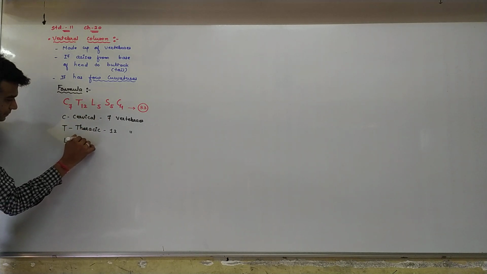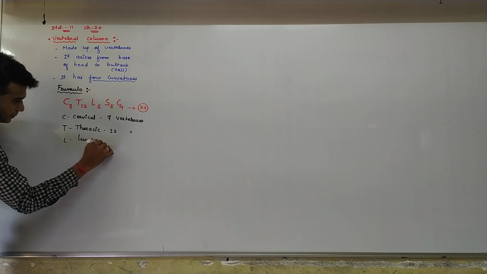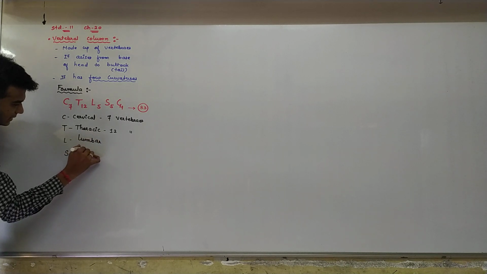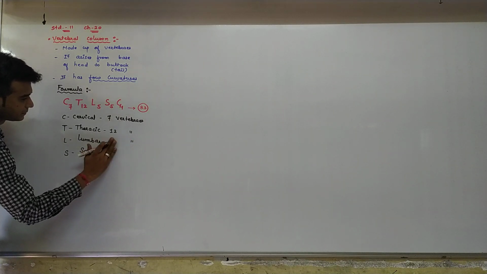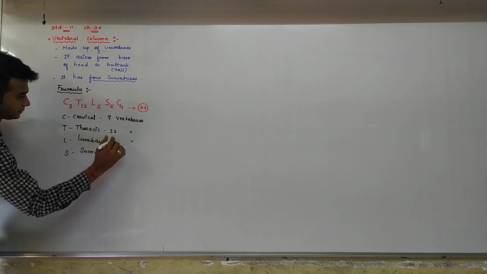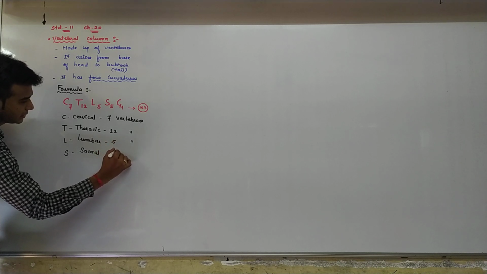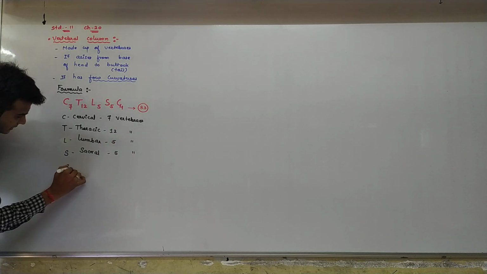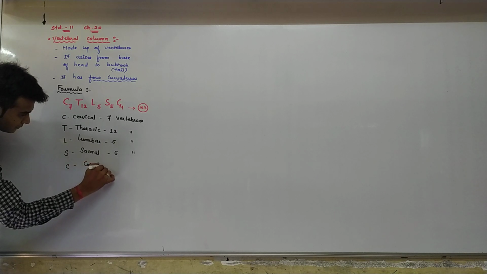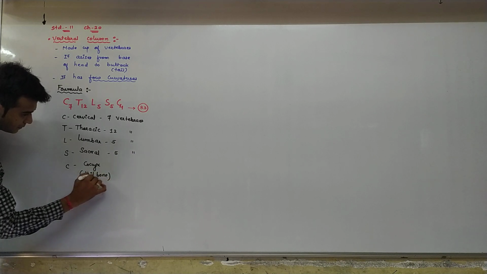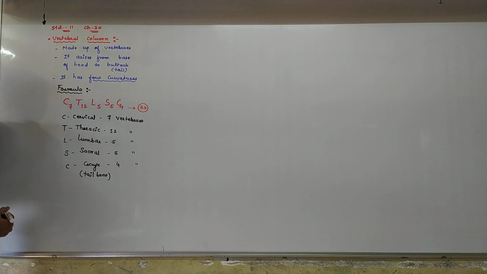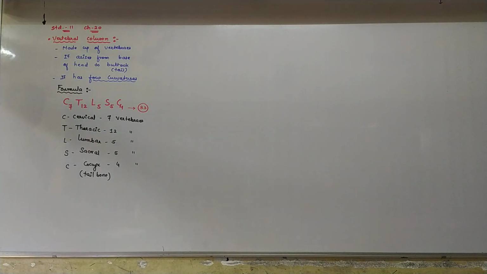L means lumbar, S means sacral. Here 5 vertebrae. Here also 5 vertebrae. Coccyx, the tail region, 4 vertebrae are there.